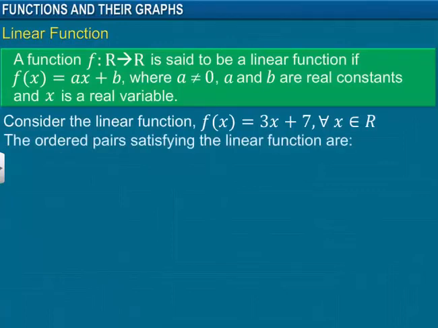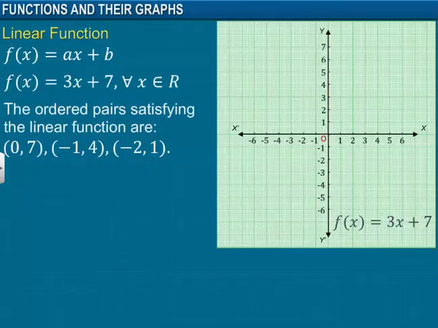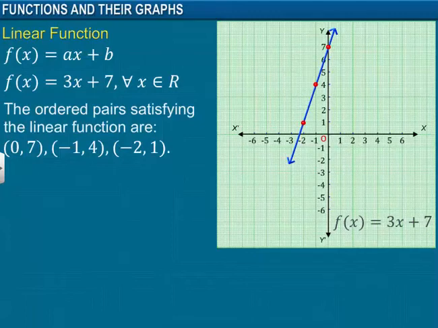Some ordered pairs satisfying the linear function are shown. On plotting these points on the Cartesian plane and then joining them, we get the graph of the linear function f(x) = 3x + 7 for all x belonging to R as shown.